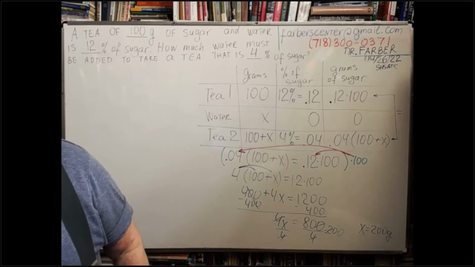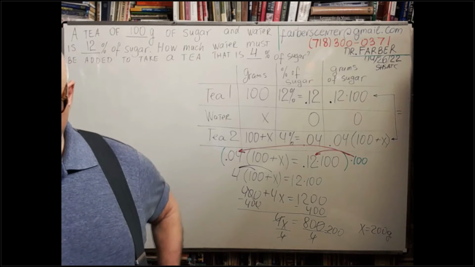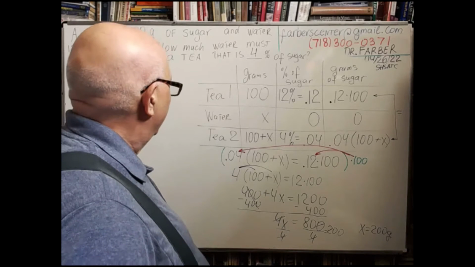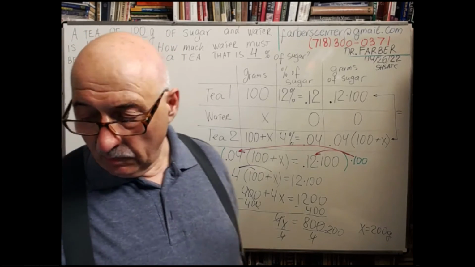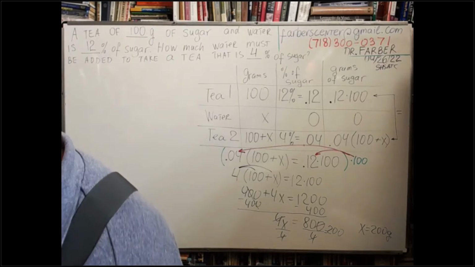Dr. Ferber, I have a question. Why did you do 100 plus x for T2? Because remember, in the previous situation, let's make a model.